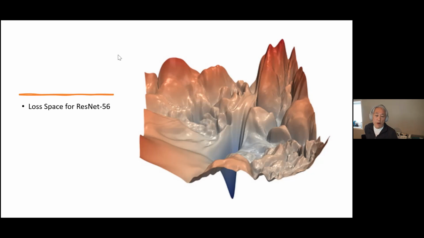And there's all sorts of tricks and formulas, and Ted mentioned one, which is to skip a lot of steps and get there. The whole purpose of a lot of these is to smooth out this loss space so it's easier to get to the low error point down here.